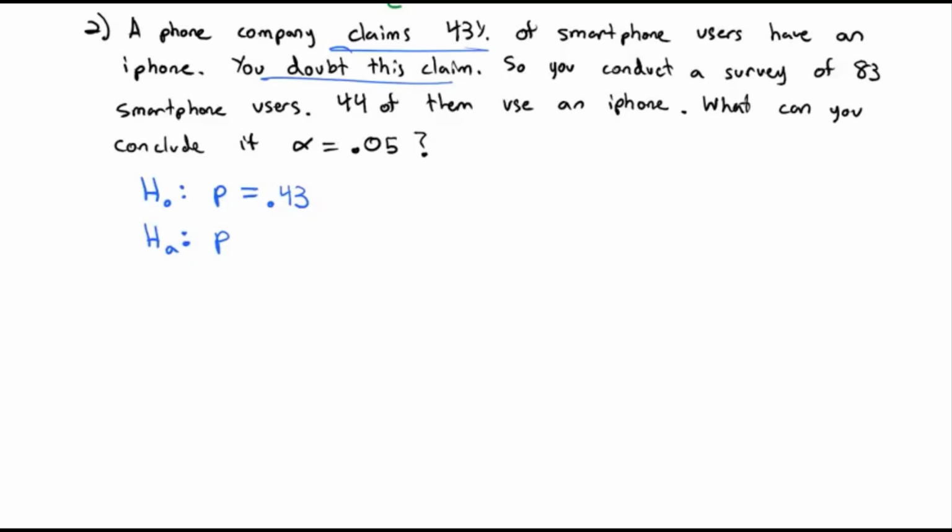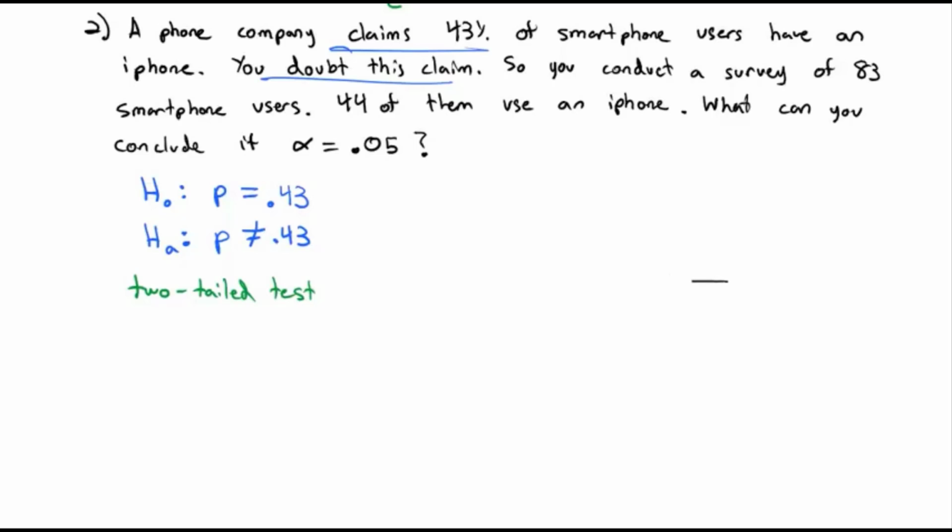When you doubt the 43% is accurate, you're not saying that it's greater or less than. You just doubt that it's accurate. So this is going to actually be not equal to 0.43. And when it's not equal to 0.43, we have what's called a two-tailed test. And what that means is we could reject the null hypothesis if the proportion is bigger or if the proportion is smaller, either direction.